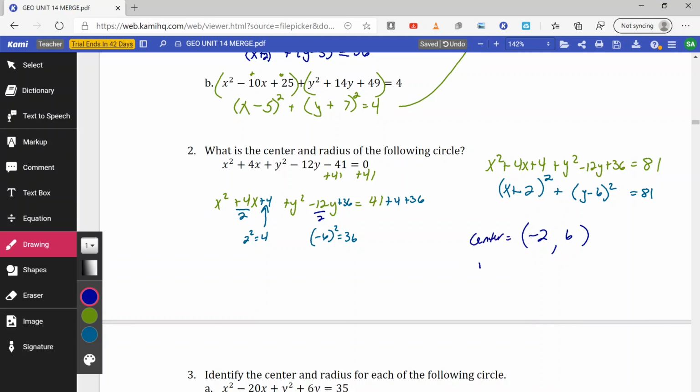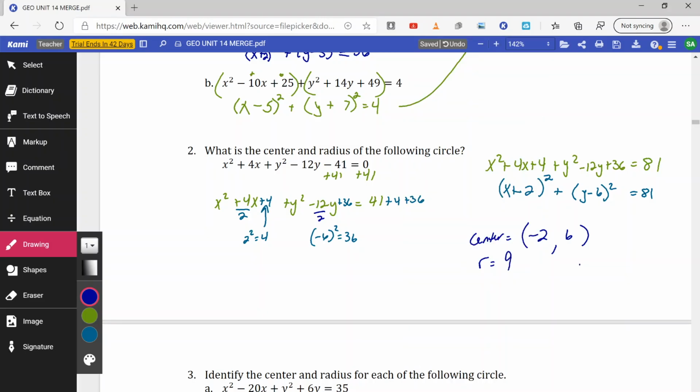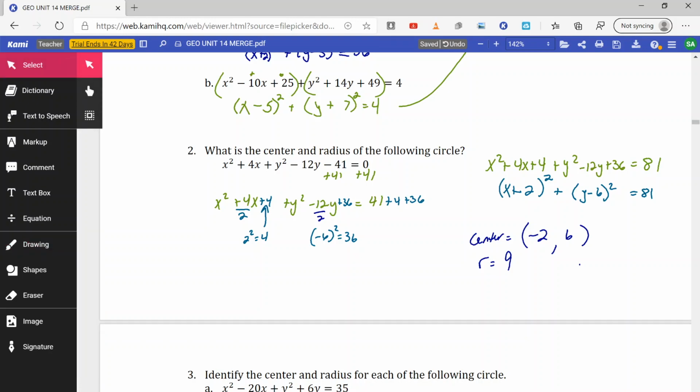And then the radius is the square root. So square root of 81 is going to be 9. So there is my center and radius after using the process known as completing the square in order to get my equation into standard form.